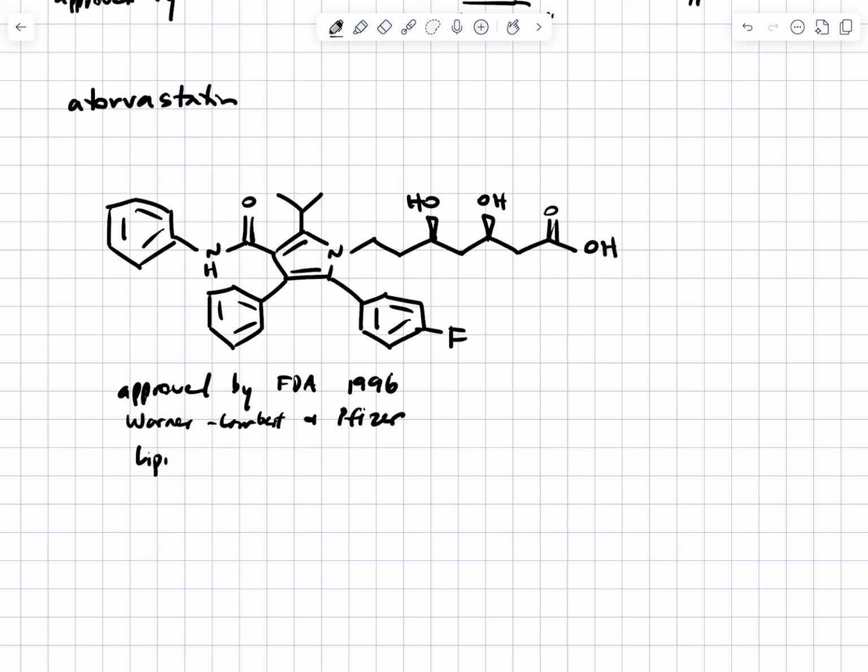And the drug was Lipitor. Lipitor was the number one prescribed medication in 2022. Over the course of its patent lifetime at Pfizer, it made Pfizer $125 billion.